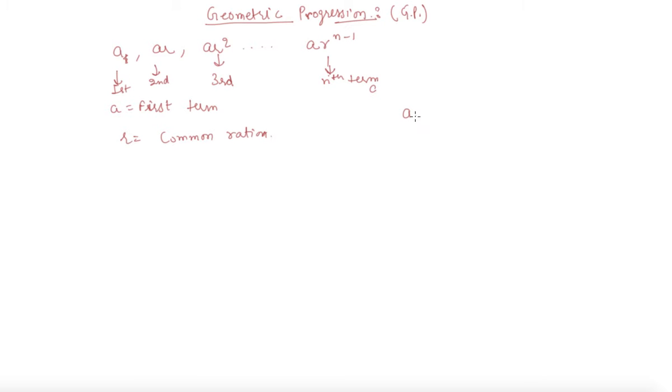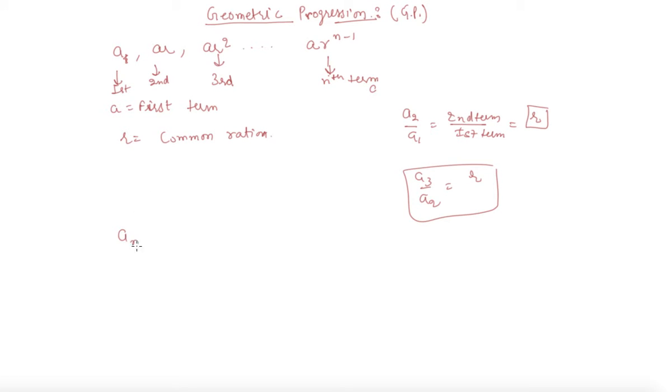I can say A2 by A1, the second term by the first term, is a constant, which is called the common ratio R, because it is the ratio of two terms. You can check between any two consecutive terms, like A3 by A2, which will also be R. In this way, students, a GP is defined, having a common ratio.